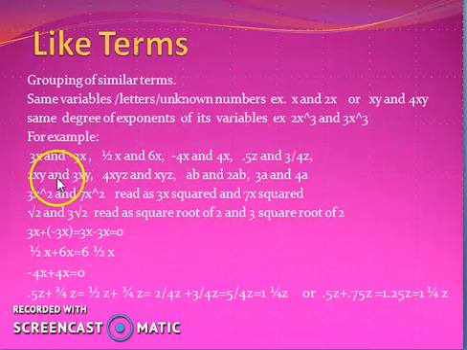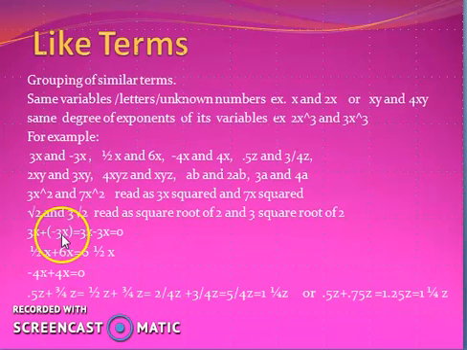Here xy and xy, xyz and xyz, ab and ab, a and a, x squared and x squared, square root of 2 and square root of 2. So you can combine or add them together because they are like terms.